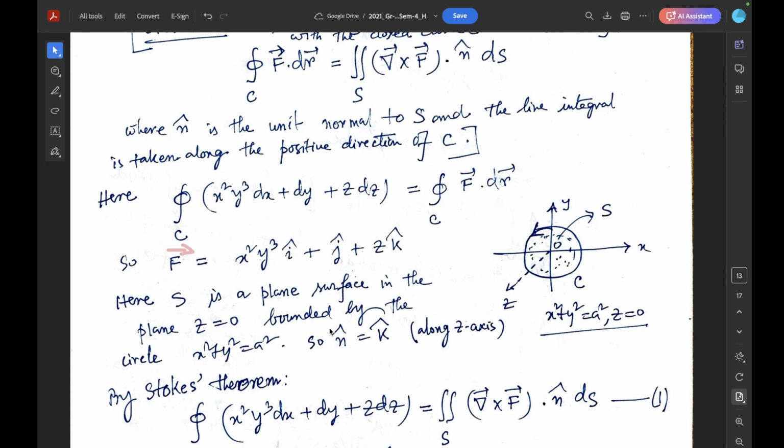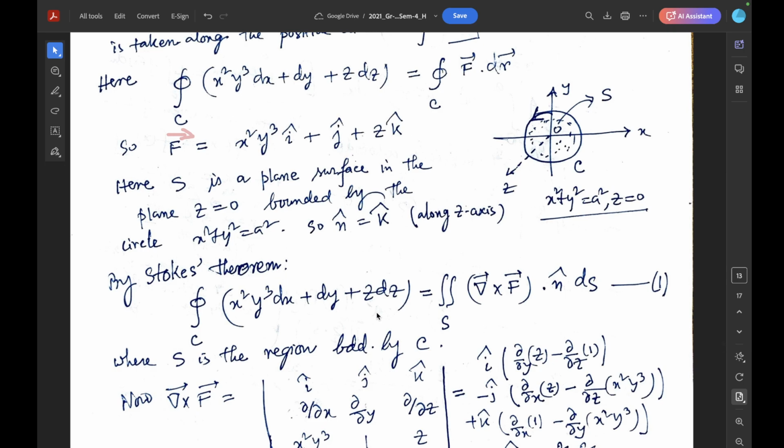Clearly n cap equal to k cap along the positive z axis, because the line integration is in the anticlockwise sense, so the outward unit normal is along the z axis. So by Stokes theorem, the integration over C equals the surface integration of curl f dot n cap ds.